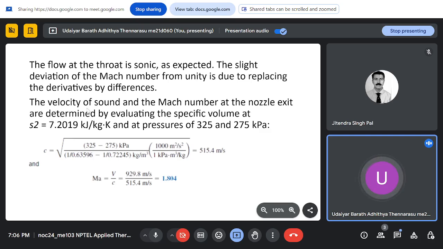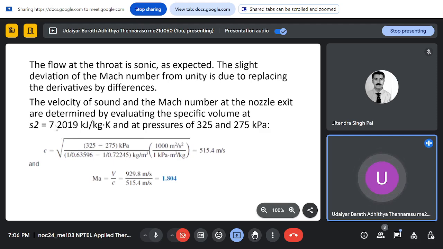So next is the velocity of sound. Similarly, we can estimate at the 300 kilopascal at exit. So again we are taking plus 25 and minus 25, and estimating, we know entropy, which is 7.2019 kilojoule per kg Kelvin at the exit.